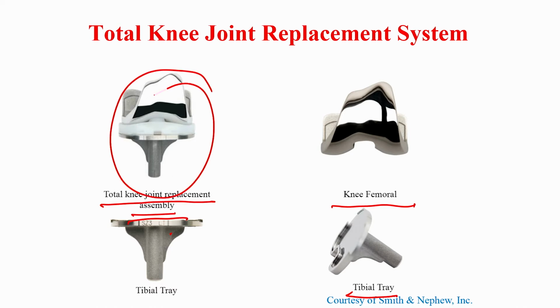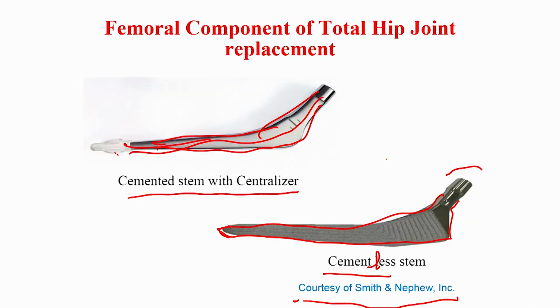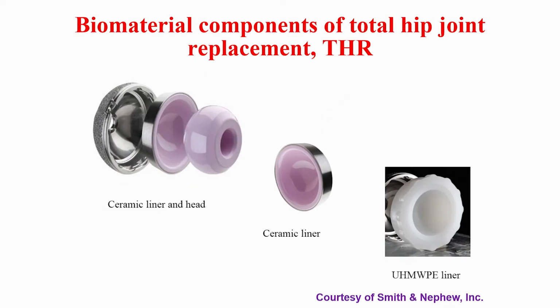This is the complete assembly, similarly for the hip joint, and for the knee joint you have the femoral component, the tibial tray, and the entire assembly in place.